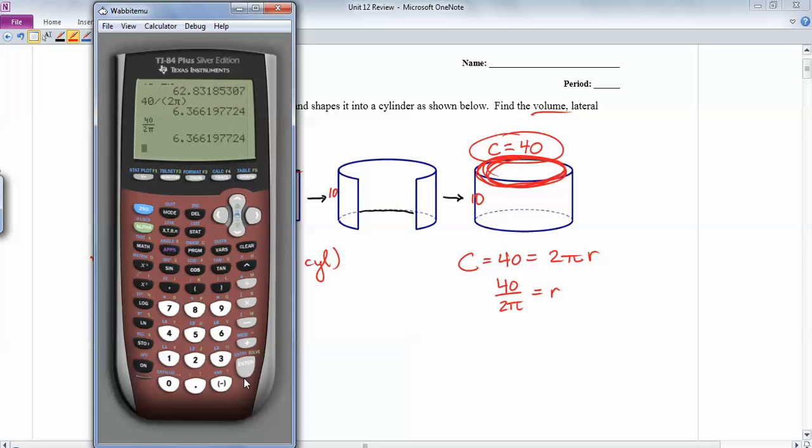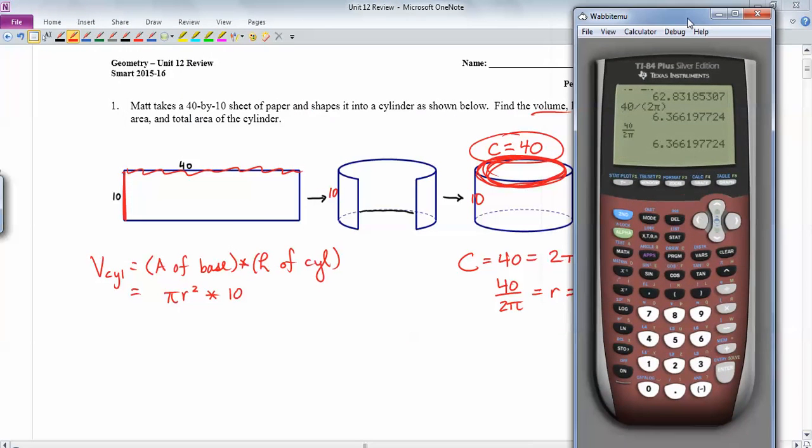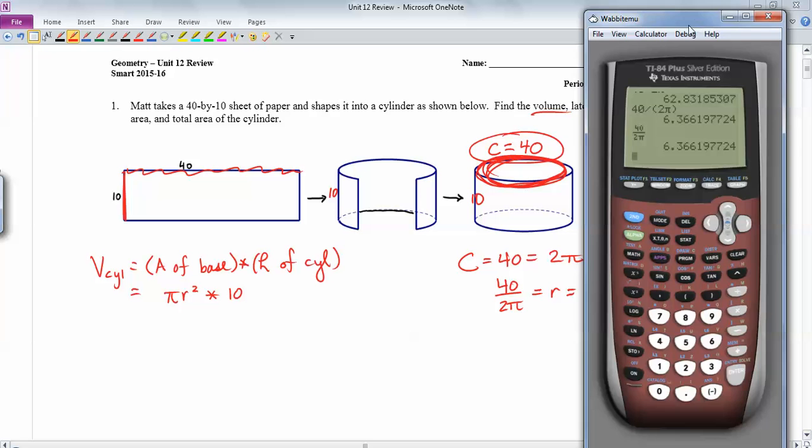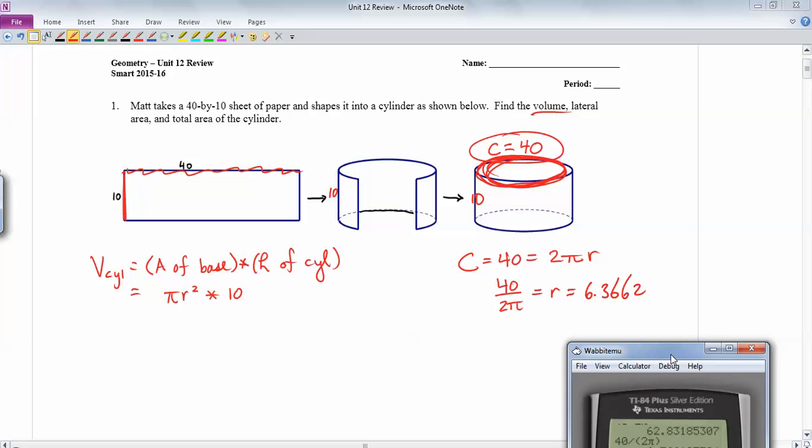So the radius is about 6.3662. Now I can plug that in over here. Pi times 6.3662 squared times 10.